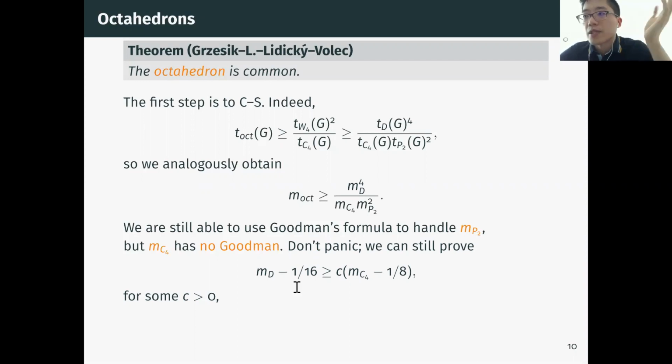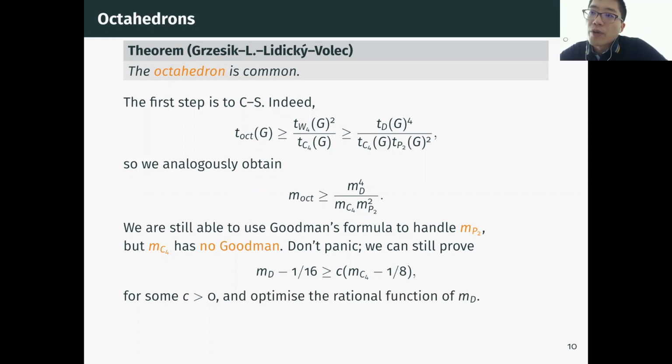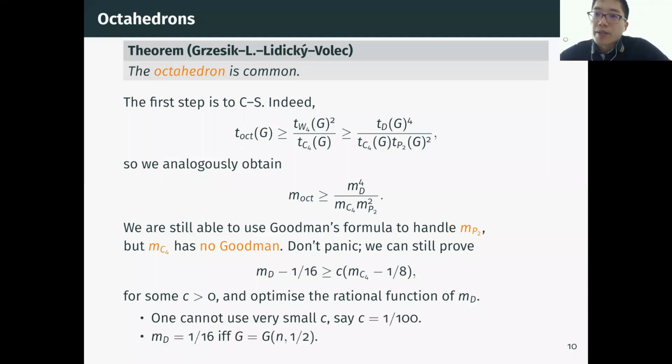They use this kind of inequality to obtain a stability result for these 5-wheels. We're going to prove by hand that this inequality holds for my diamond, which is K4 minus an edge. And then we are going to optimize the rational function as we did. So that's the plan.